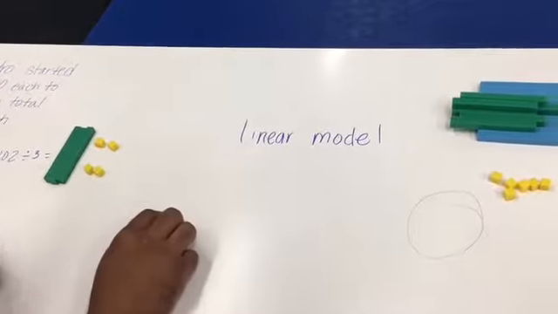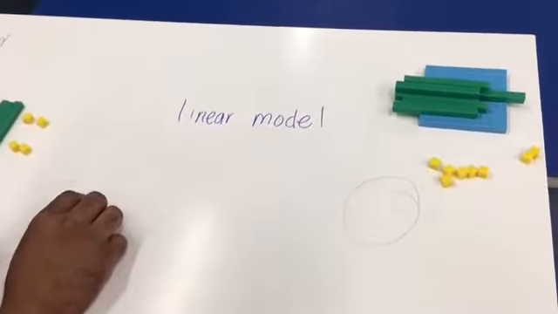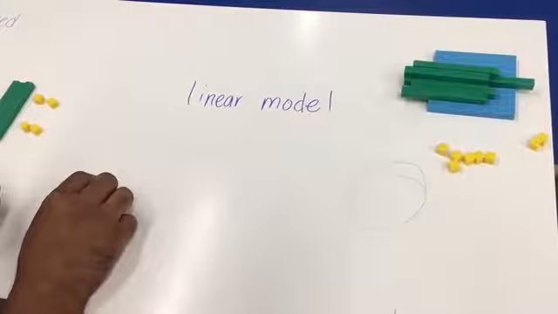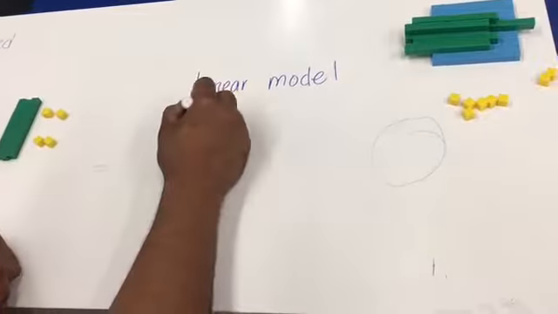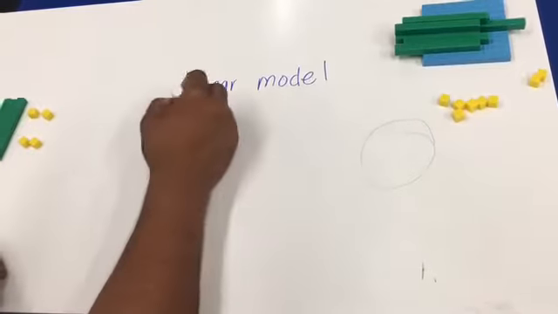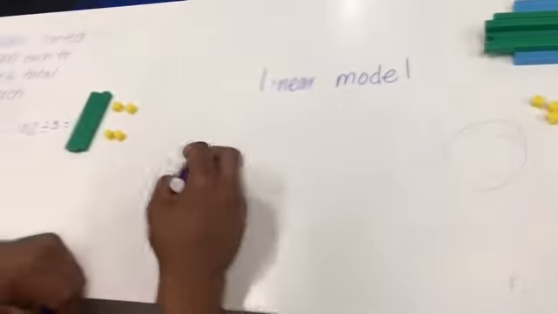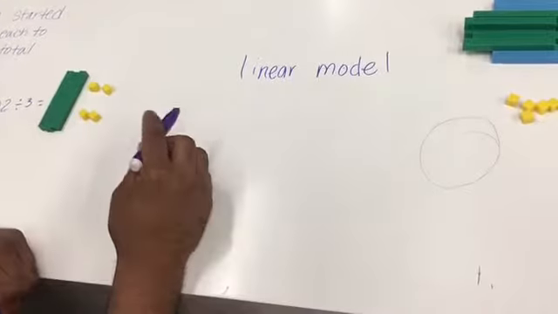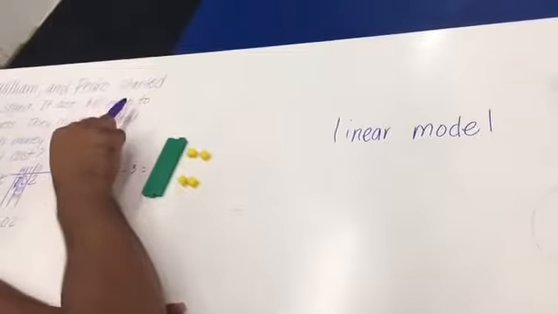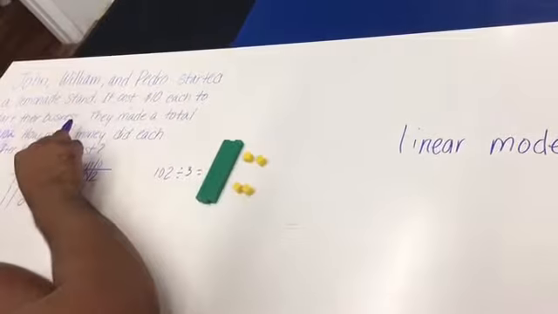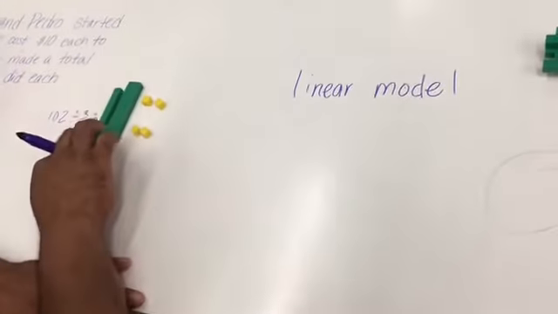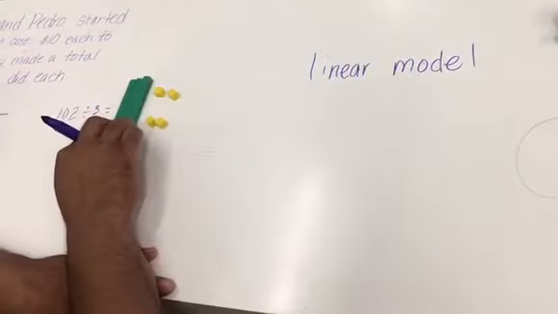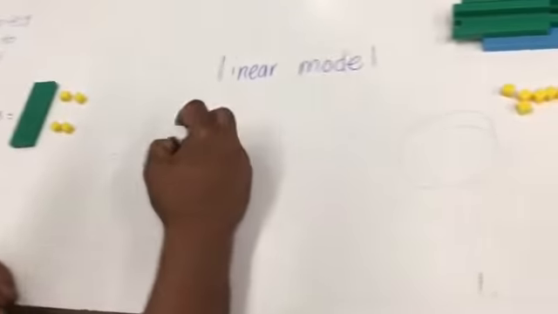Now, what I expect to do is use our linear model to subtract 10 from the 34 that they have made, because it took each $10 to start their business. We determined that each made $34, but 10 of those were to start their own business. So we're gonna use the model for that.